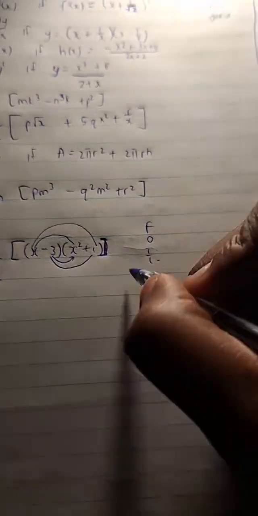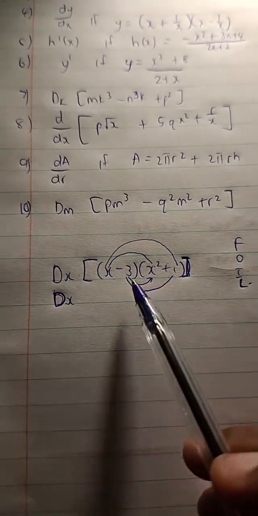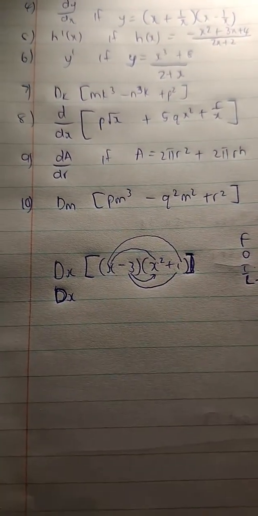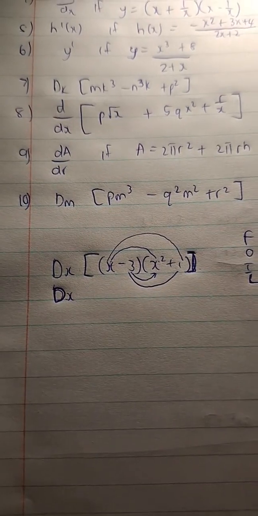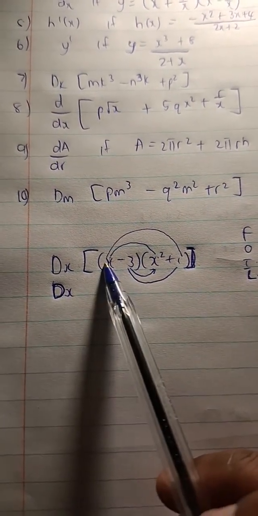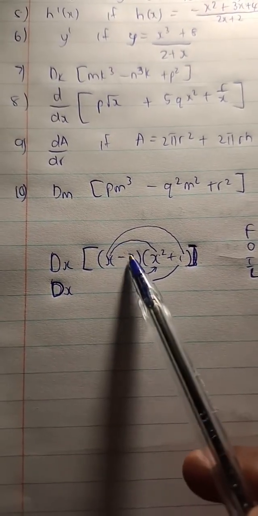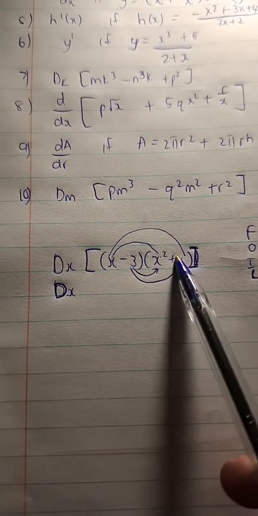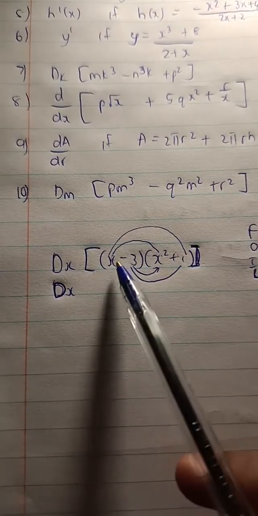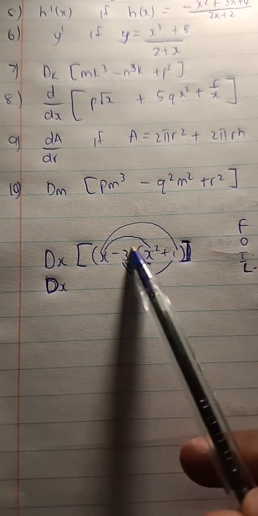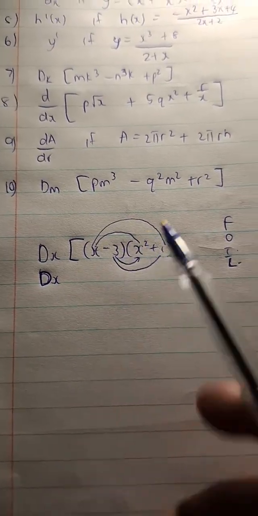We apply FOIL. So that's what I mean, guys, that when we are deriving in grade 12, before we even apply the power rule or derivative, we first need to actually expand what we have. As you can see here, this requires us to expand because we have two brackets. They are obviously there with two terms in them. So this is binomial expansion. We expand this particular binomial.